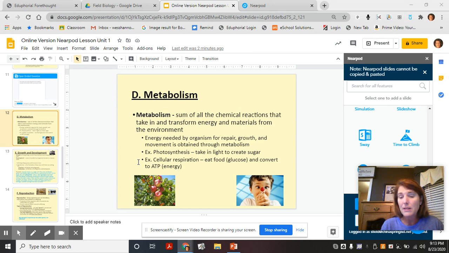They take in light to create sugar. Even a Venus flytrap is going to mainly do photosynthesis. For people or for animals, we tend to do what's called cellular respiration, where we actually take in food, which has glucose in it, and we convert it to what we call ATP, which is our energy that all our cells just live for. So that's the fourth thing, metabolism.